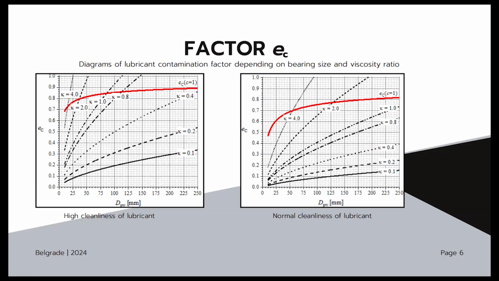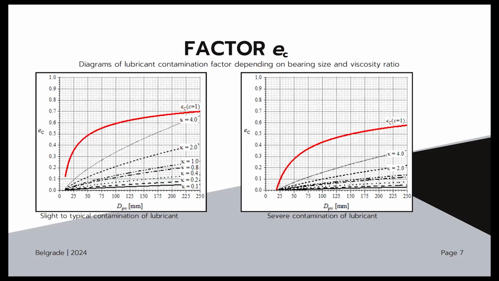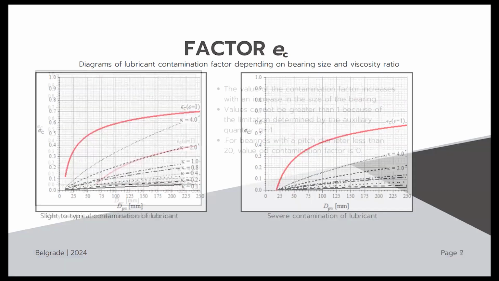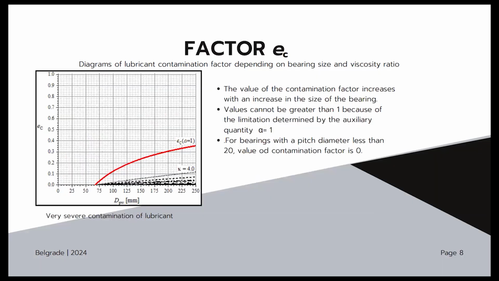And these two diagrams are for high cleanliness of lubricant and normal cleanliness of lubricant. Also, here is the same diagram just for slight to typical contamination of lubricant and severe contamination of lubricant. And here is the last one, the diagram for very severe contamination of lubricant.